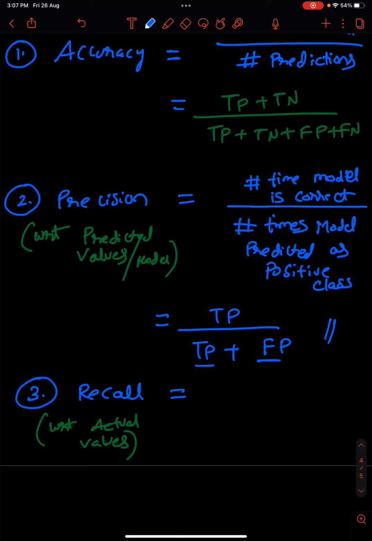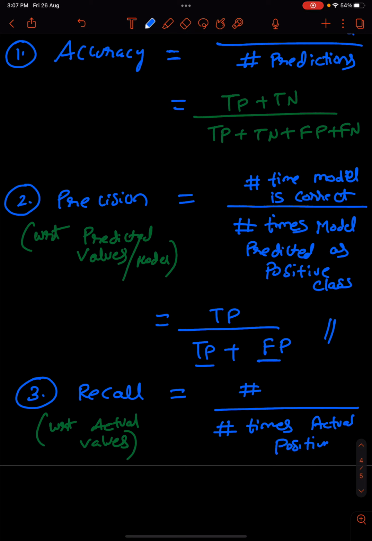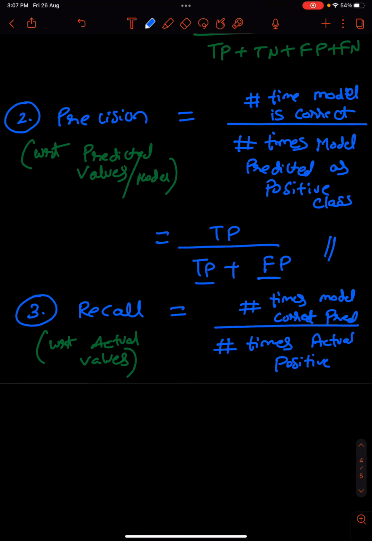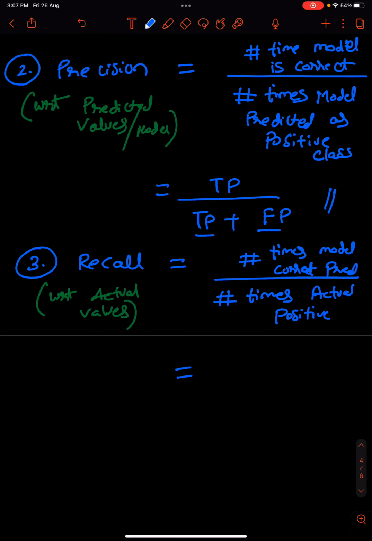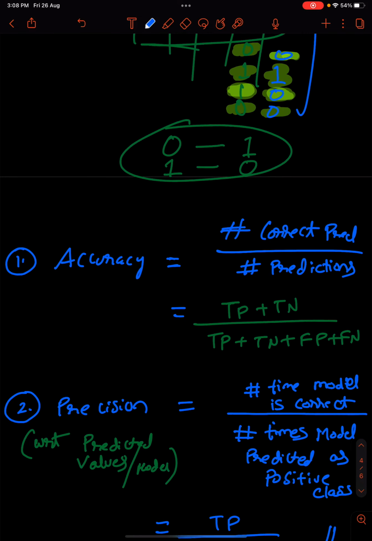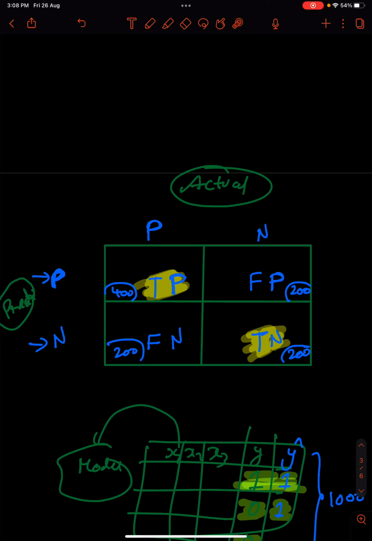So if you want to write it in simple form, it will be, let's say, number of times actual positive, and here number of times the model made a correct prediction. So that would be simply, in the denominator, try to take a guess over here.